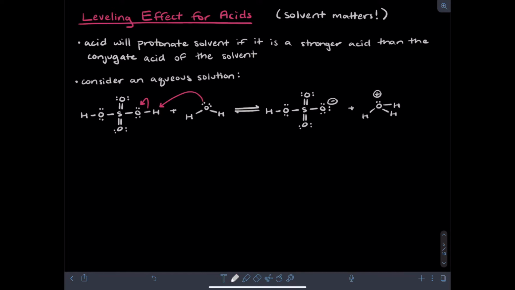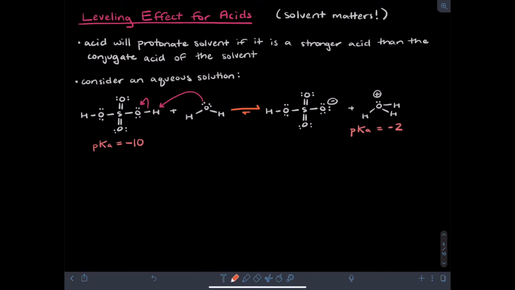The products of this acid-base reaction would be HSO4-, the conjugate base of sulfuric acid, and H3O+, the conjugate acid of water. To predict which side of the equilibrium is favored, I'm going to use pKa values because those are ones from my table. The pKa of sulfuric acid is -10, and the pKa of H3O+ is -2.